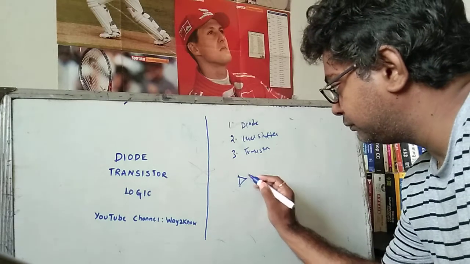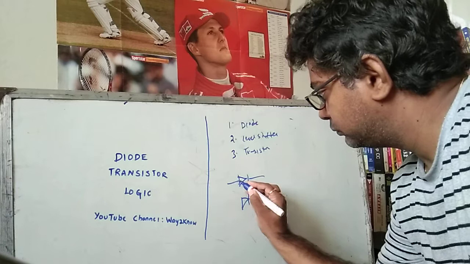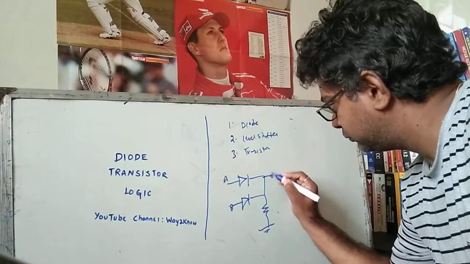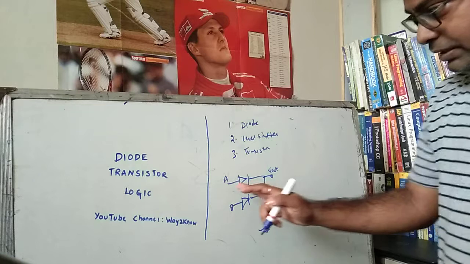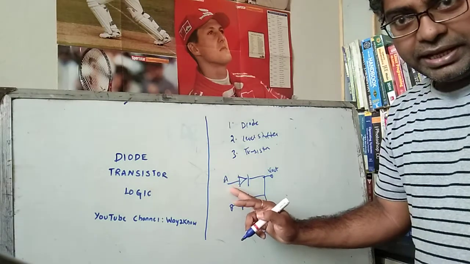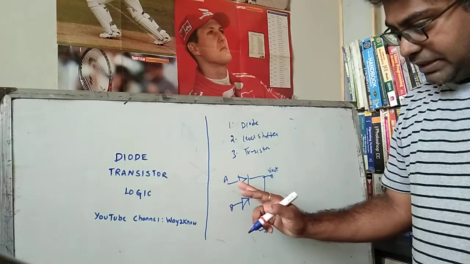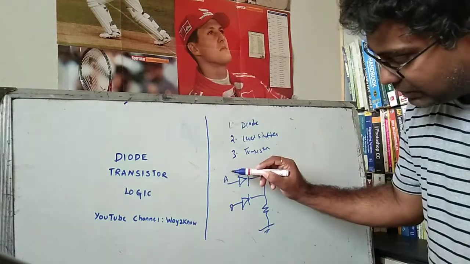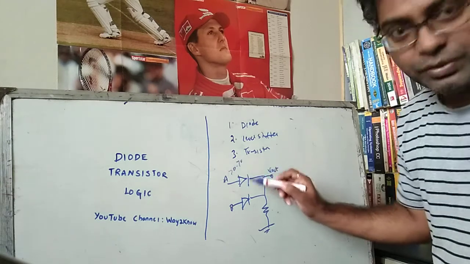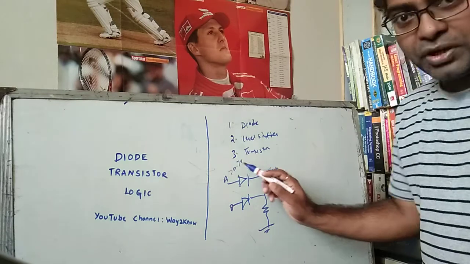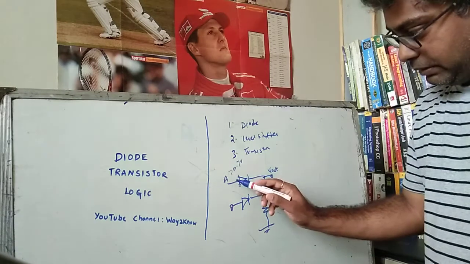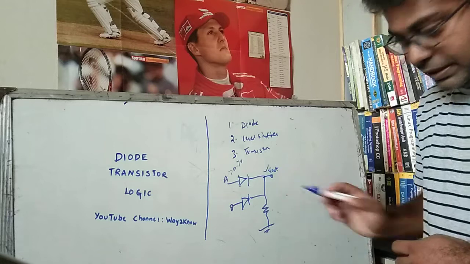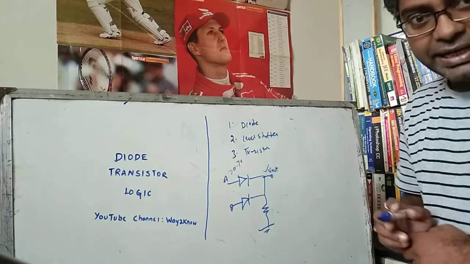For a NOR gate, the logic would be this way, where there is an input A and a signal B. When either of these signals is high, because there is a diode, if you give some voltage here which is greater than 0.7 volt, let us assume the breakdown voltage is 0.7, any voltage greater than 0.7 volt on A gets the diode into forward bias condition, and then this voltage minus 0.7 volt will be seen here, that means it is high.